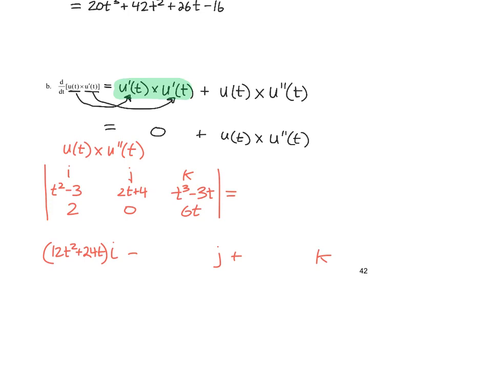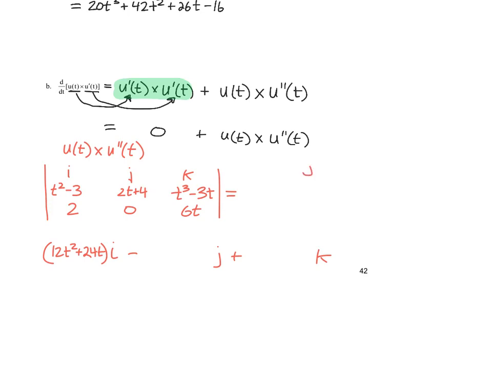For the j, it's a little bit more elaborate, right? We're going to have 6t cubed minus 18t, but then I have to subtract from it that. So that seems like a little bit of side work, so let me just chuck it off on the side here.